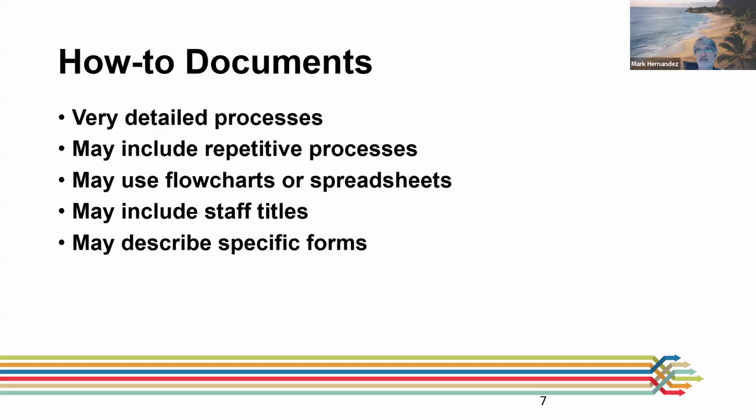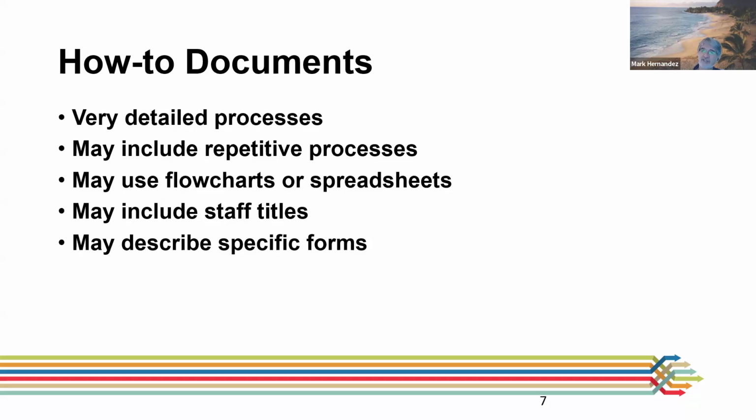Spreadsheets are the same way. You can have a spreadsheet that sets up the process, and you can use that as your how-to document. One of the things with how-to documents is that it's okay to have the staff titles. The only issue with staff titles is that with a lot of organizations, there's quite a bit of organizational change, and within that change, staff titles may change at the same time.